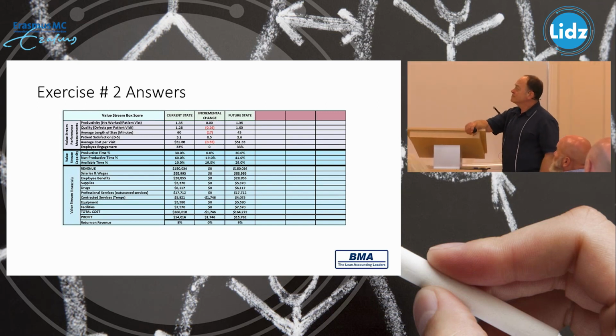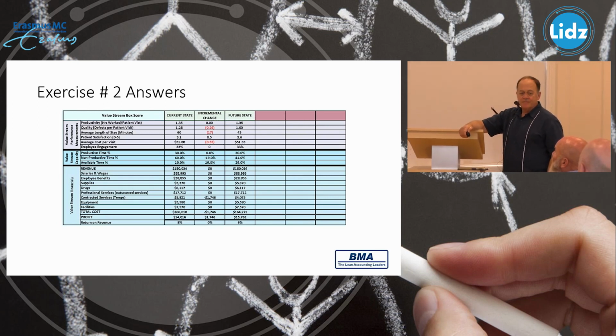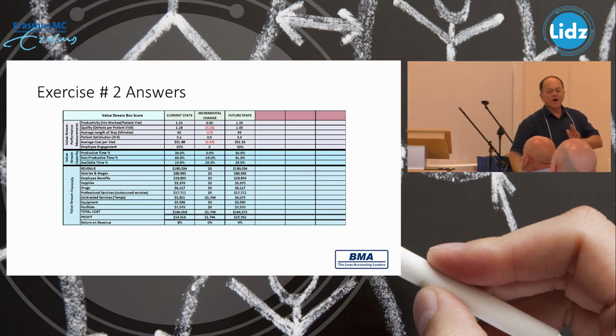Does the box score help you decide where to have your Kaizens? It could. Decide which generates the most capacity? Yes, you could do this looking forward.